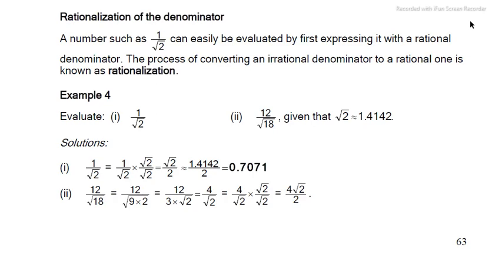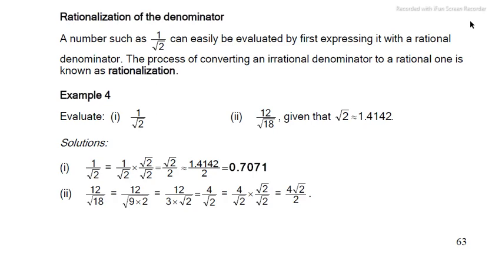So we are converting an irrational denominator into a rational one. The process of doing this is what we term as rationalization, meaning we are to convert root 2 into a rational number.